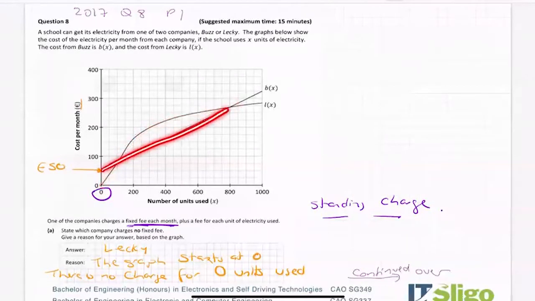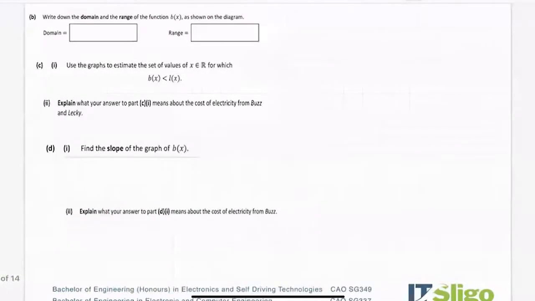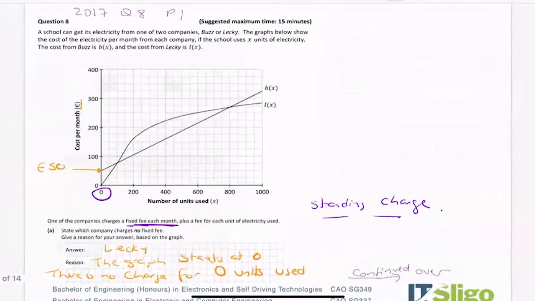Wrong one. This one, B of x. So in other words, I don't just have points along the way, I have a continuous graph. So when I'm talking about my domain in this case, I would describe it as 0 is less than or equal to x is less than or equal to 1,000, because we go up here to 1,000. So x, the number of units, lies between 0 and 1,000. That's what we are feeding into our function.